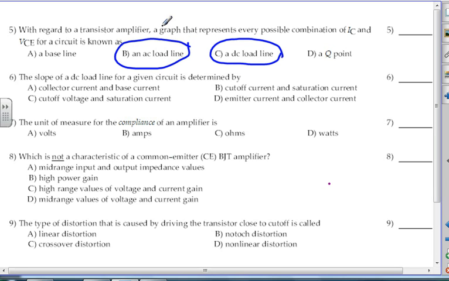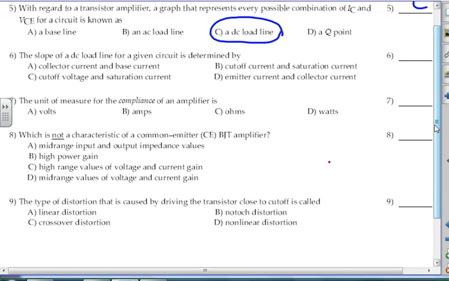A graph that represents every possible combination of IC and VCE is known as... I'm going to go with C. Has to be BC because they're capital subscript. Exactly. So that's why I would do that.